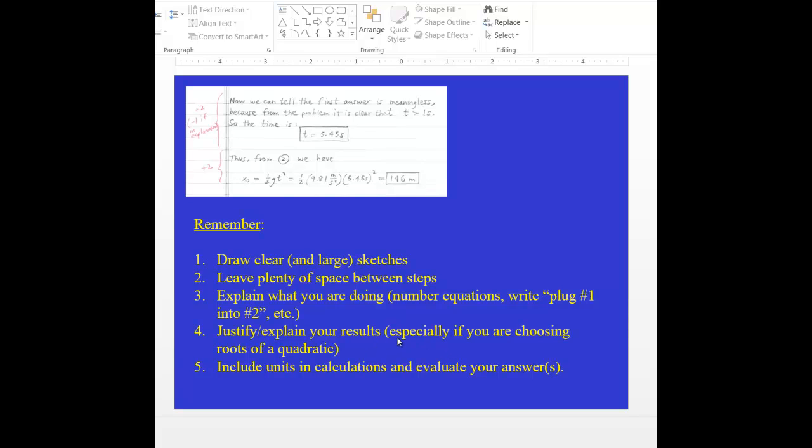There are cases where you might have two solutions when you're using a quadratic equation, for example, and one of them you're going to keep as a physically meaningful solution and the other one you'll discard. And then finally, once again, a reminder to include units in calculations and have some kind of evaluation statement about your answers.